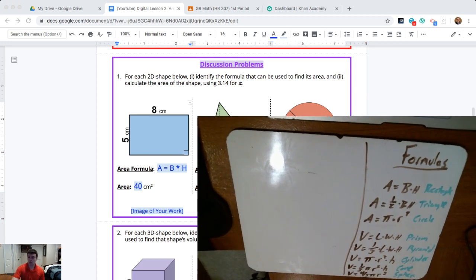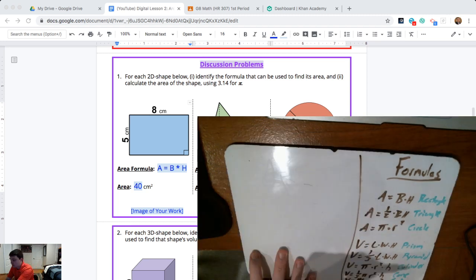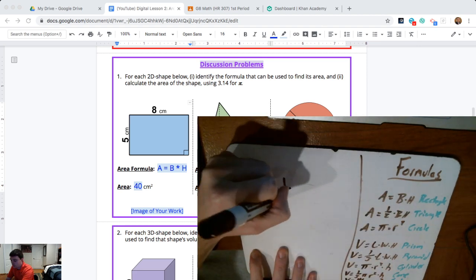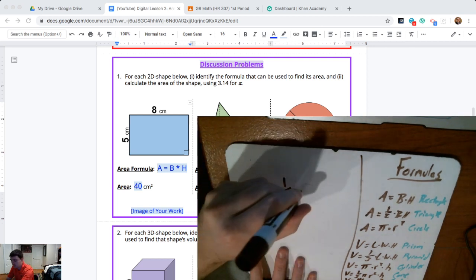Michaela's correct, and part of why Michaela's going to do well throughout this is I saw she took time before the YouTube lesson to work on this, which is great, Michaela, and everybody who did that. She's right that 1/2 base times height is our formula for a triangle's area. So if we do 1/2 of the base times the height, in this case our height is 9 inches and our base is 10 inches.